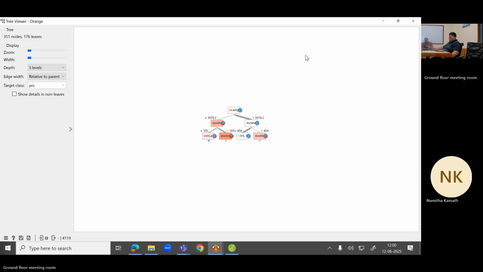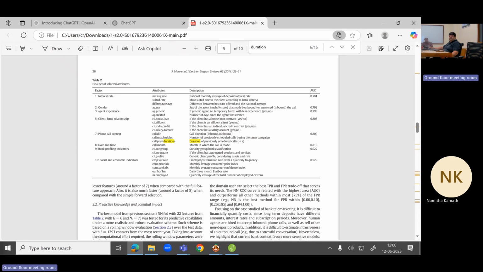But then this may not be the most accurate model. However, there are some models which are black box. Like neural network is a black box. You cannot say anything there. Even SVM is a black box. But they are good at accuracy.